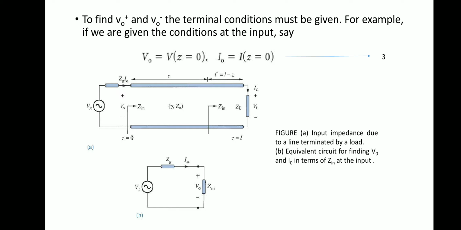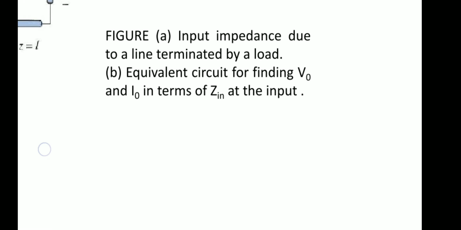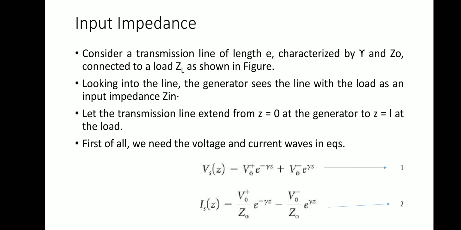For that, we take the terminal conditions as V0 equal to Vs of Z equal to 0, and I0 equal to Is of Z equal to 0. Putting these conditions in the equations for Vs of Z and Is of Z, we get V0 equal to V0 plus plus V0 minus, and I0 equal to V0 plus by Z0 minus V0 minus by Z0.